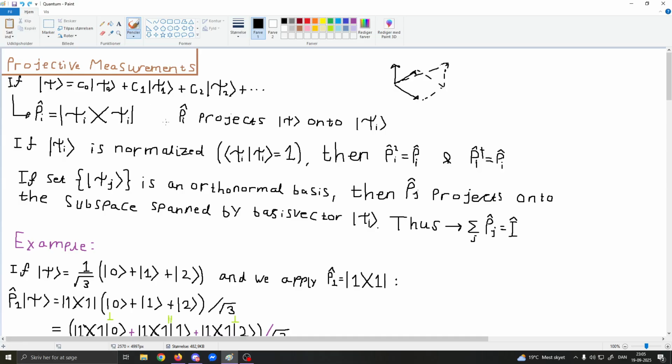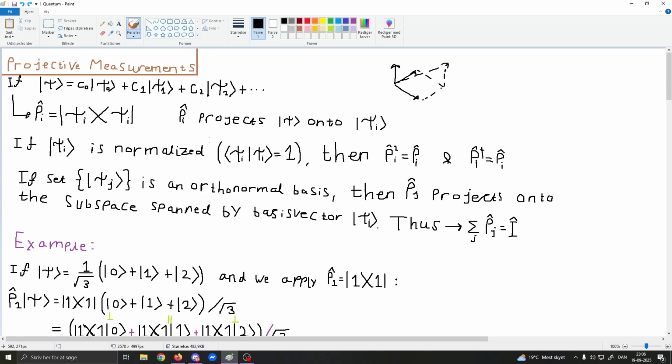Now, we know from classical linear algebra that if we can decompose a vector into its basis vectors, we sort of do this by doing these like projections, and that's basically what a projective measurement is.